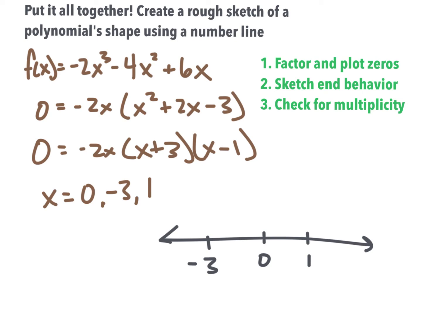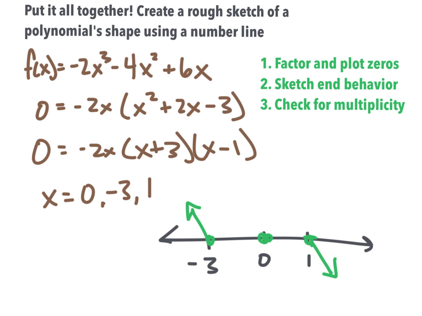All right, the very first thing I want to do is sketch the end behavior. So we've got my zeros marked. Leading coefficient test, this negative 2 lets me know that it's going to end going down. All right? And the odd exponent tells me that it started in the opposite direction.